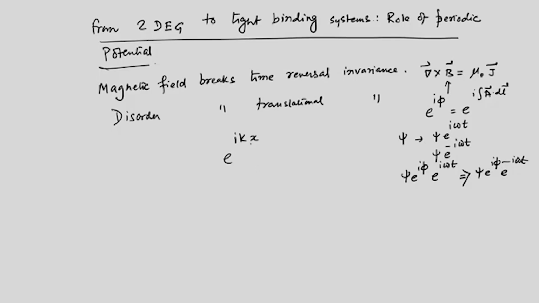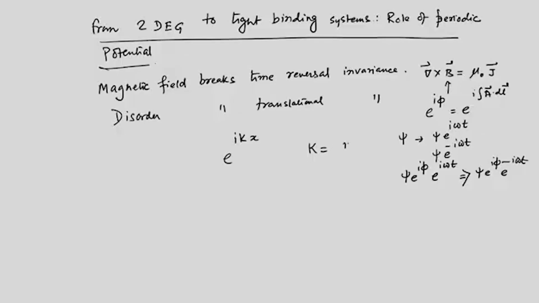So e to the power ikx is a plane wave solution where k is a good quantum number, since the system is translationally invariant, and you can use the momentum or the wave vector as a conserved quantity. If k is conserved as n pi over L, then n becomes a good quantum number for this problem.